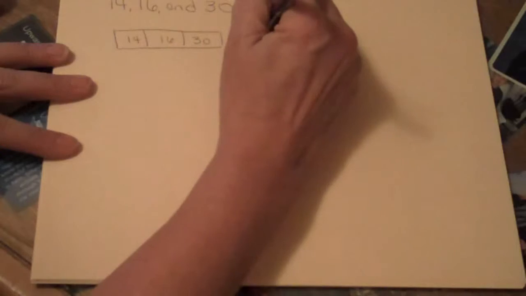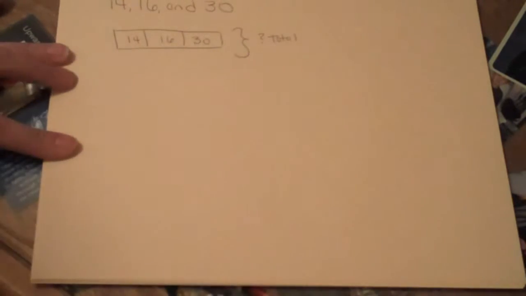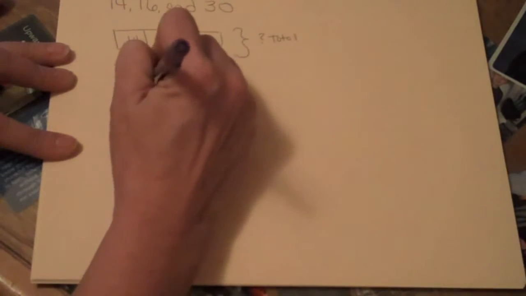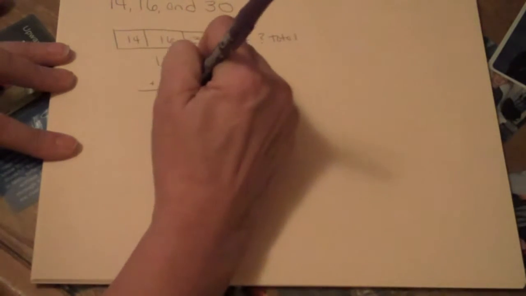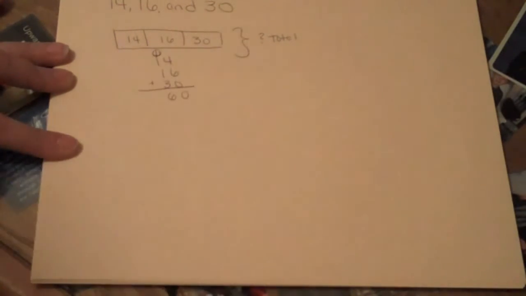And we're going to get a total over here, right? Our total. So when we get the total, we're going to add those numbers up. 14, 16, and 30. 6 plus 4 is 10. Carry my 1. 3, 4, 5, 6. 60 is our total.